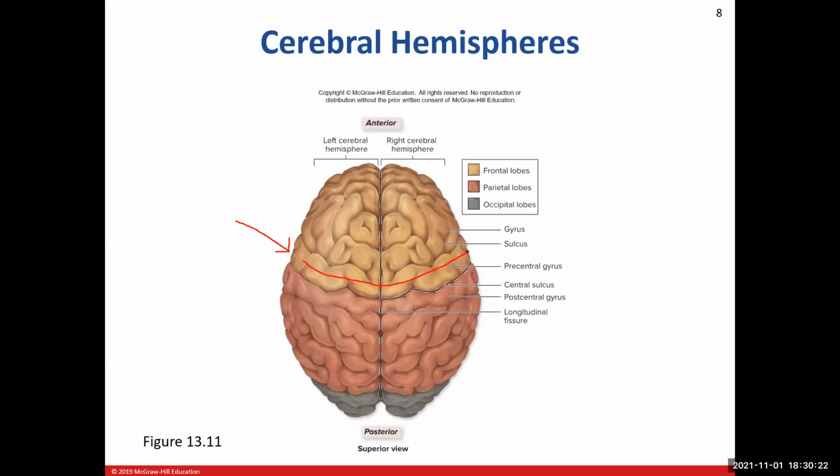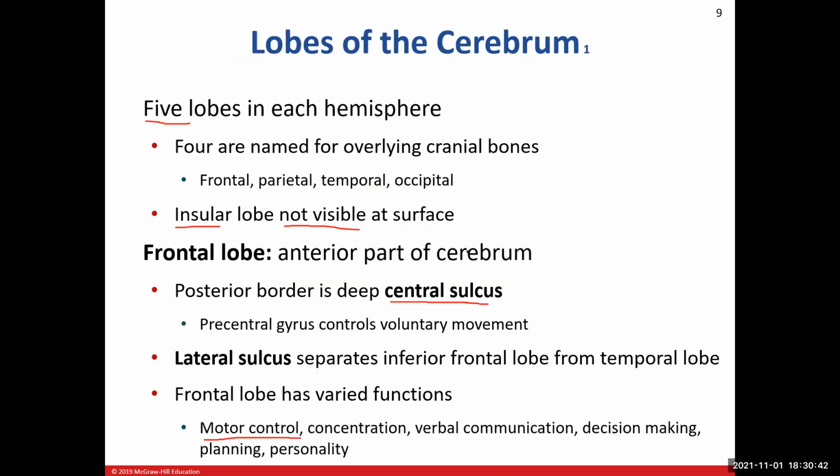How I remember that is the motor for a vehicle in the car is in the front. So that's what we're going to see here. In front of our central sulcus is our precentral gyrus, and that's also known as the primary motor cortex.